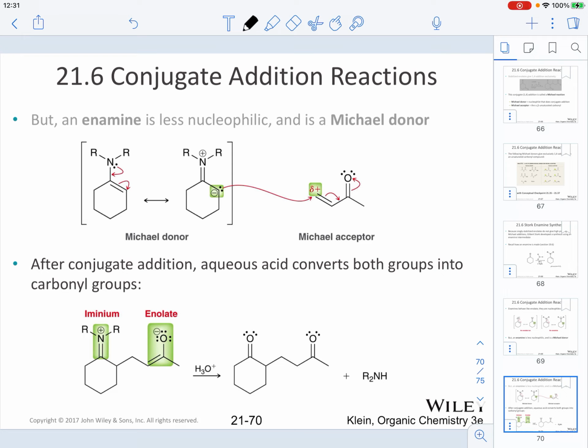So you lose the double bond nitrogen, so that iminium group is going to turn into a ketone, specifically in this example. And again, the enolate is going to overall tautomerize to the ketone just because of the starting material that we have, specifically in our Michael acceptor.